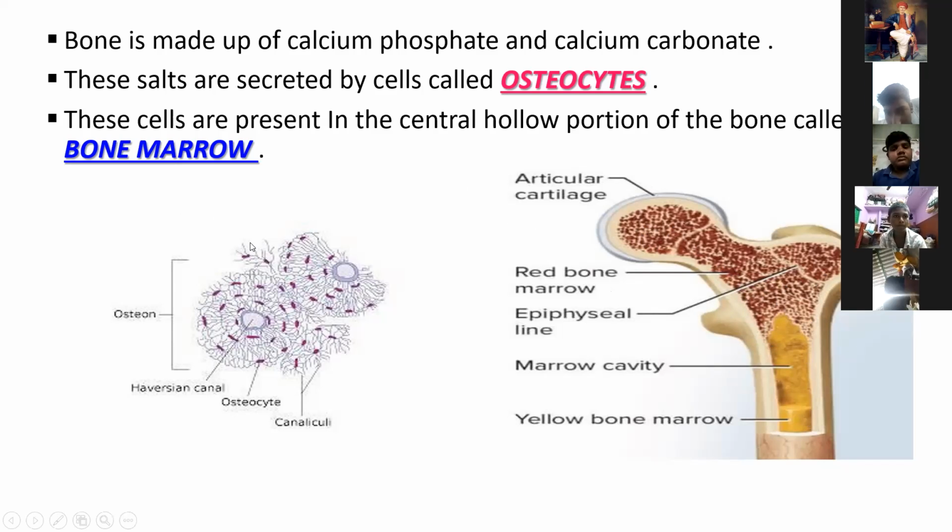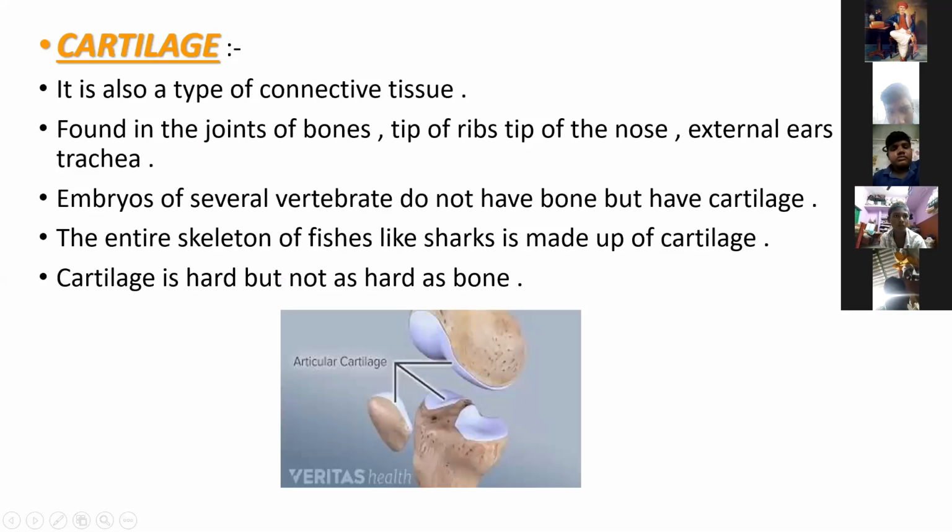Next, cartilage. This is also one type of connective tissue. Where is it present? It is found in the joints of bones and tip of the ribs and of the nose.